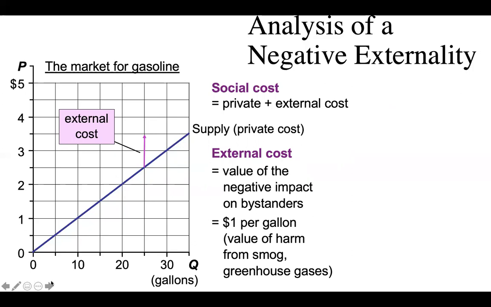And so this is the new supply curve. It is the social cost curve: the private cost to suppliers plus the external cost, the negative impact of gasoline per gallon to external individuals who are not in the market for gasoline.